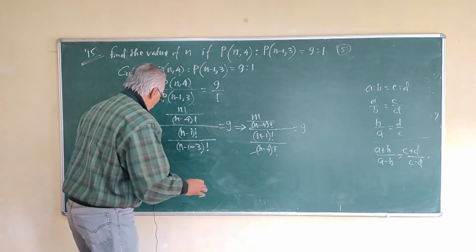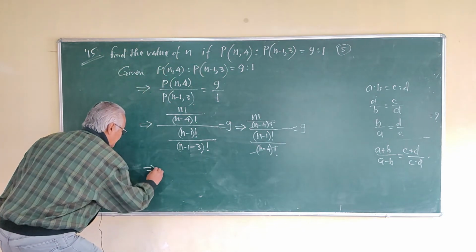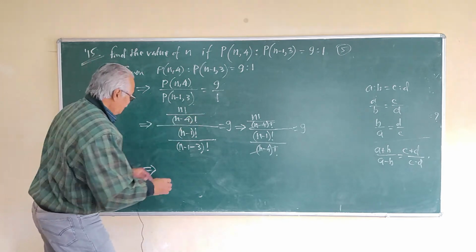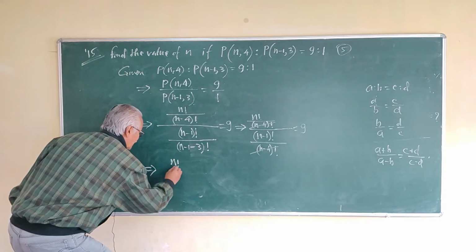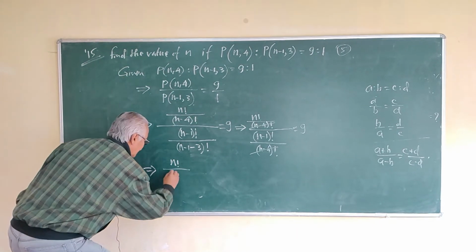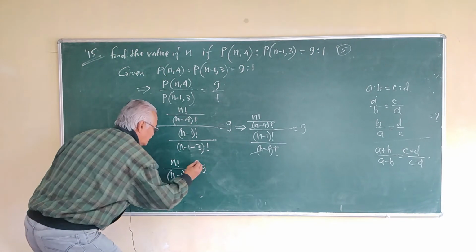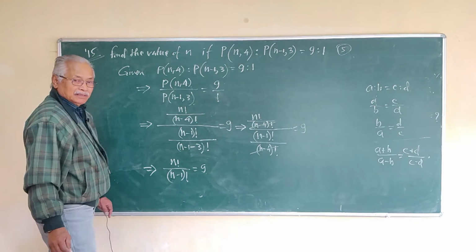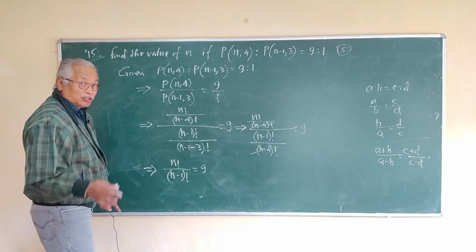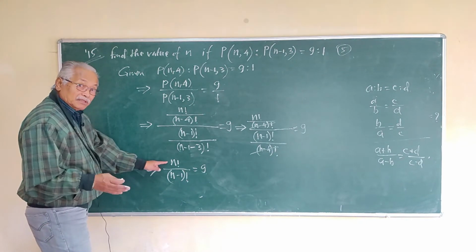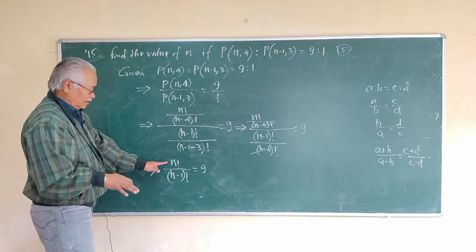So ultimately what you are getting is n factorial divided by n minus 1 factorial is equal to 9. But you all know that n factorial contains n minus 1 factorial.